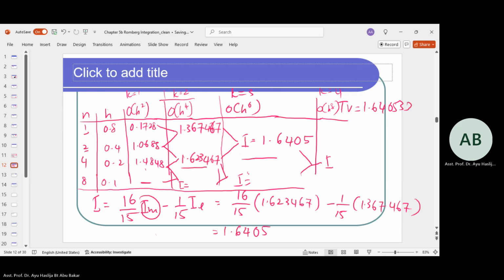Yes. The one below is more accurate because the h is smaller. Okay, that is Romberg. Okay, take your time to digest first before we move to the next example.